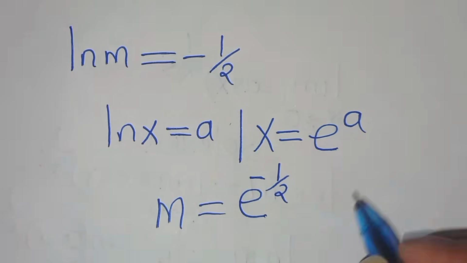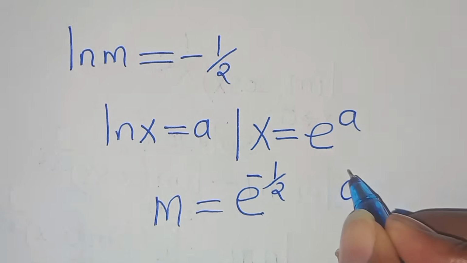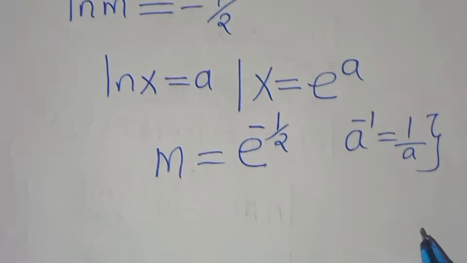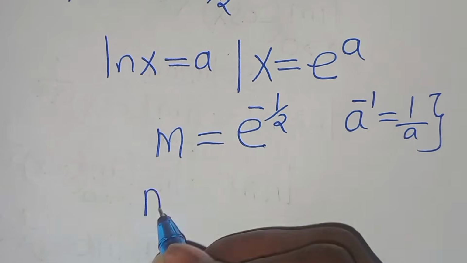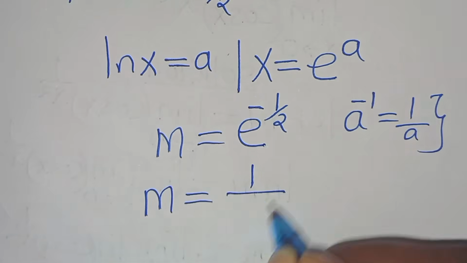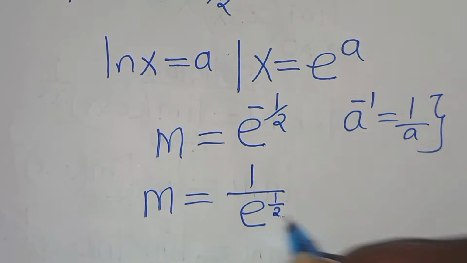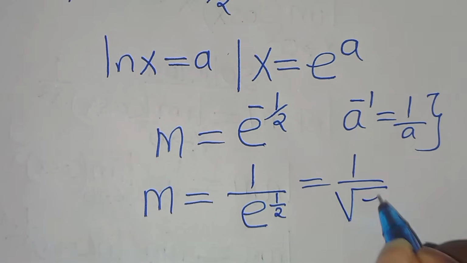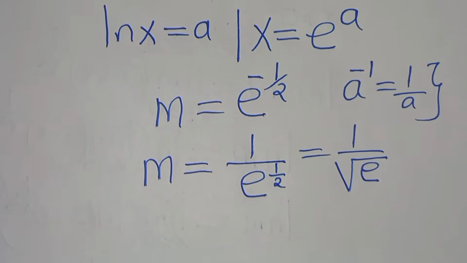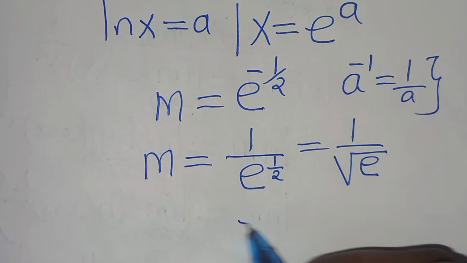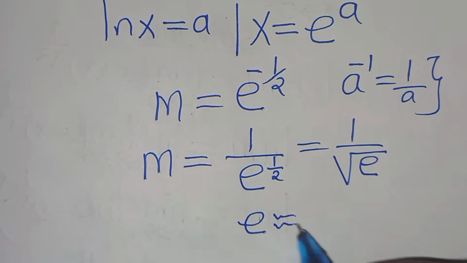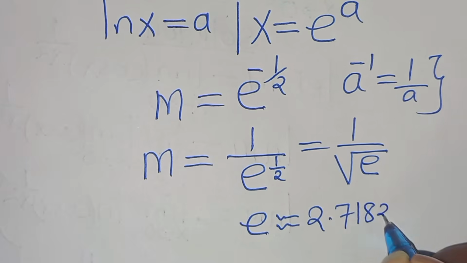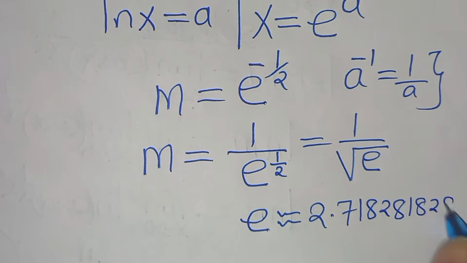Now, given that if you have a to the power of minus 1, this is the same thing as 1 over a. So applying this property, we have here m is equal to 1 over exponent e to the power of half, which we can express as 1 over square root of exponent e. Now, we have that exponent e is approximately equal to 2.718281828.